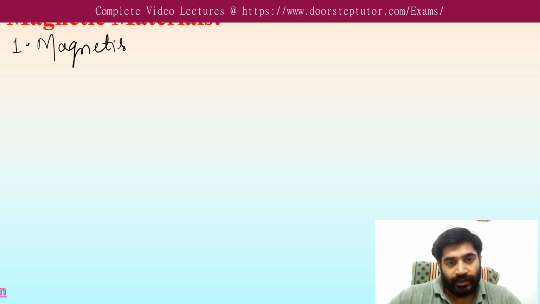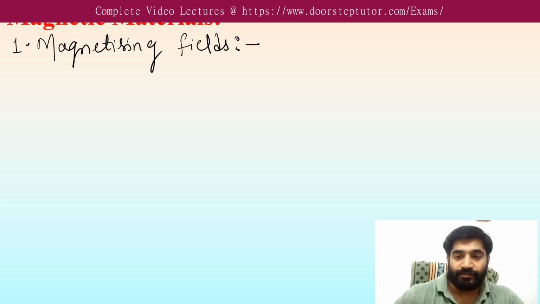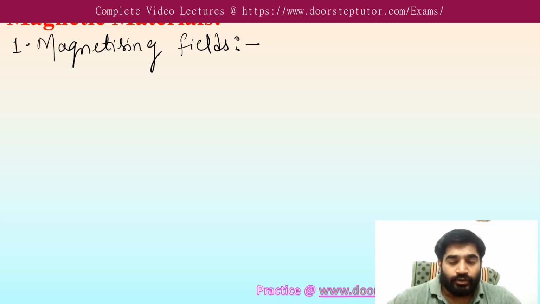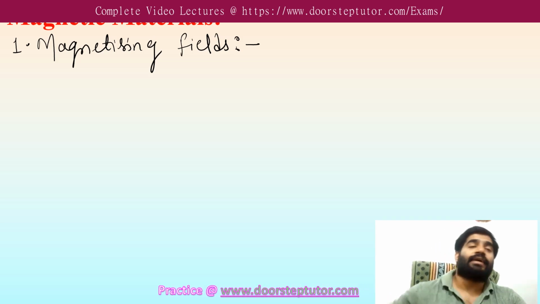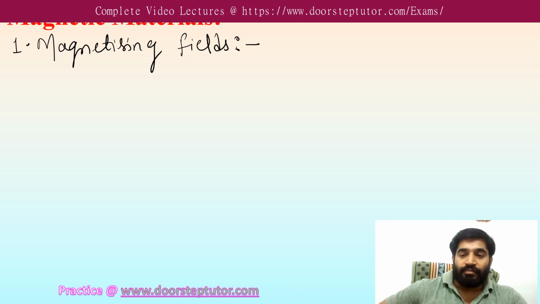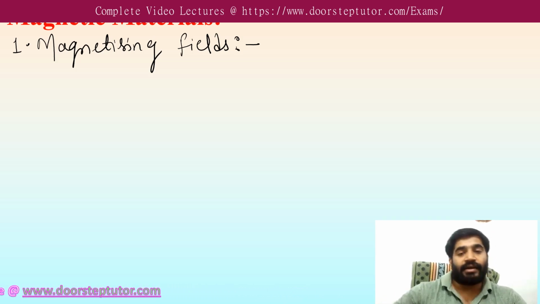Magnetizing field. Now the thing that comes to our mind is, what is the magnetizing field? Whenever we say magnetizing field, a magnetic material is placed in a magnetic field.